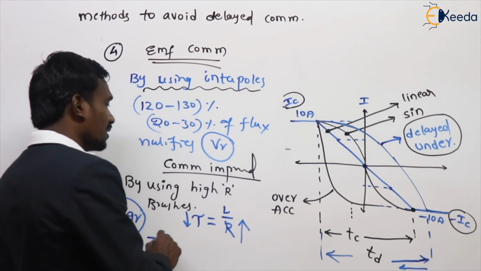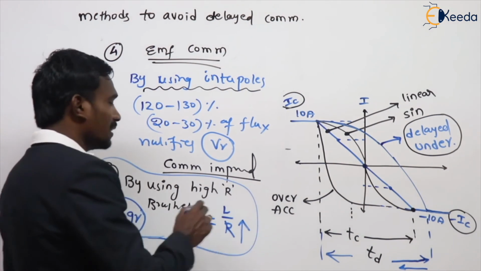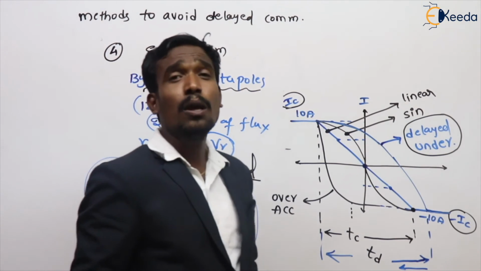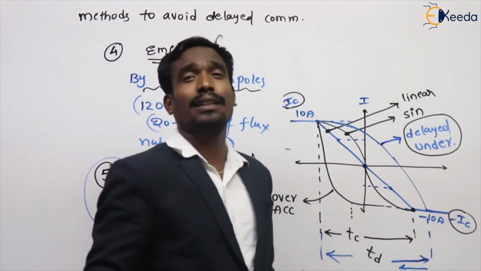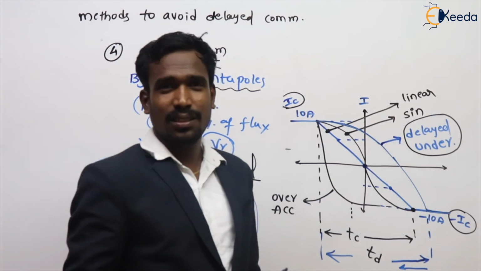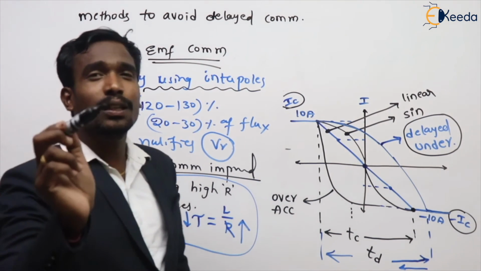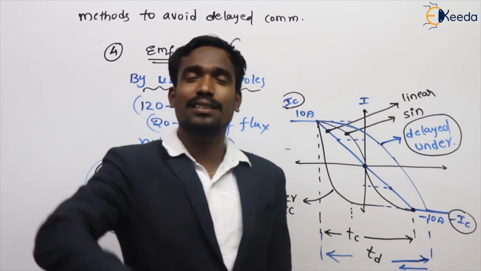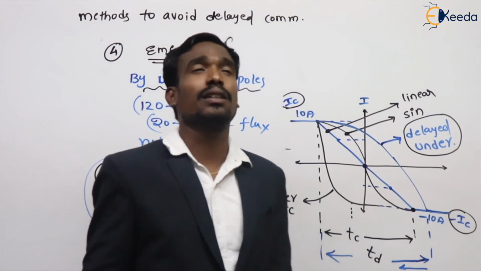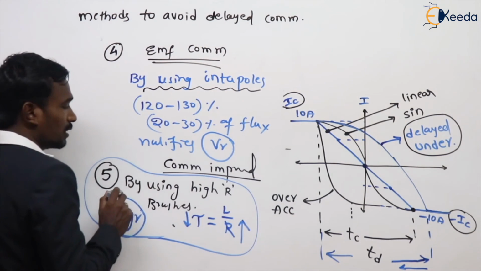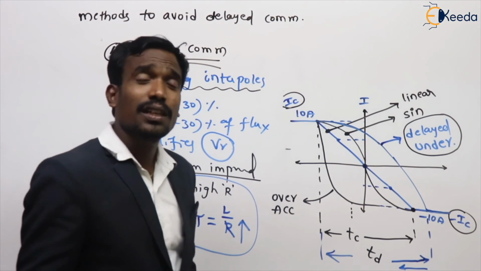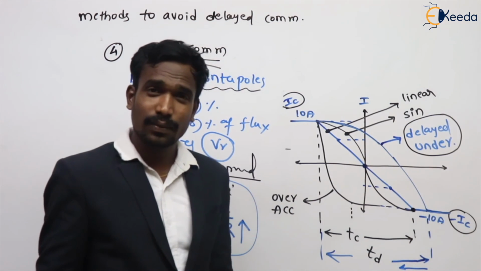This is used to avoid the delayed commutation. I already told you why we are using only carbon and graphite brushes. Because of high resistance, we can have a good, improved commutation. That's why we are using high resistive brushes in our DC machine, right?